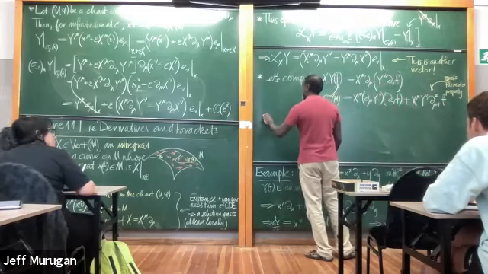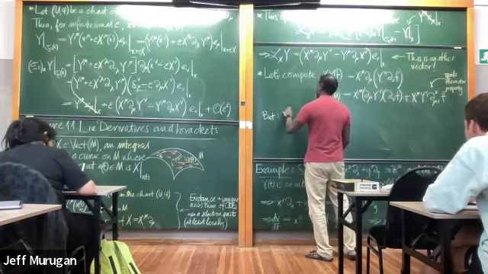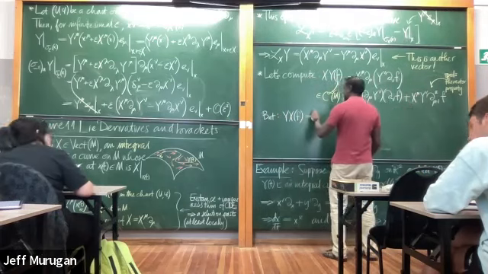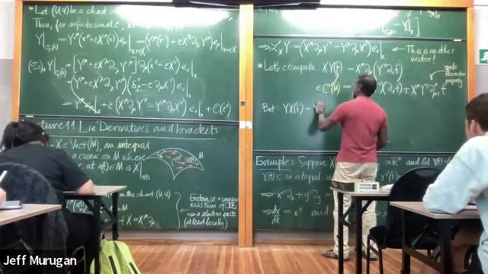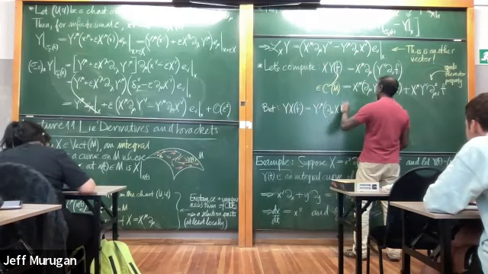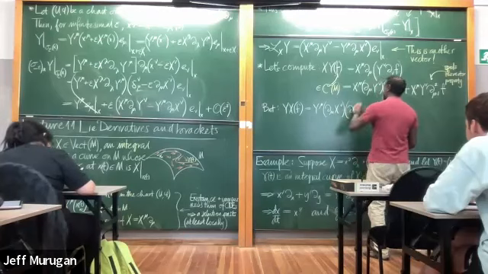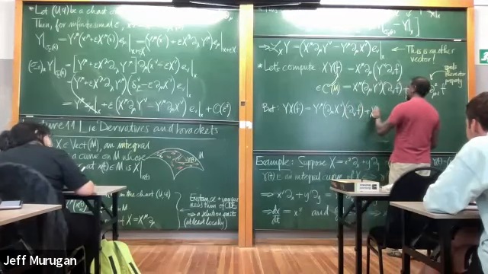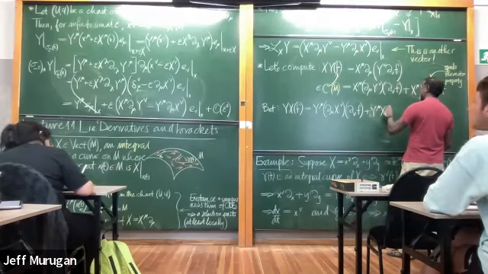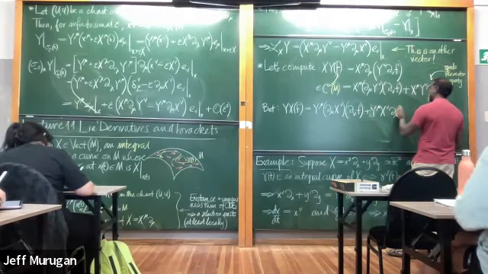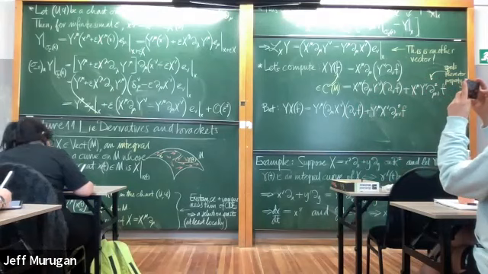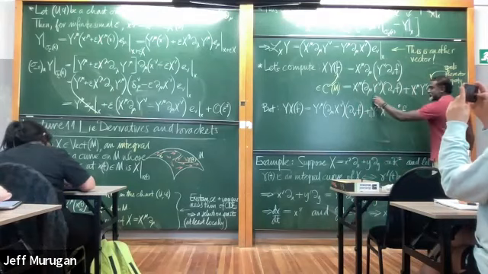However, y acting on x, acting on f, is going to give you something similar-looking. This is similarly not a vector, but mixed partial derivatives commute.